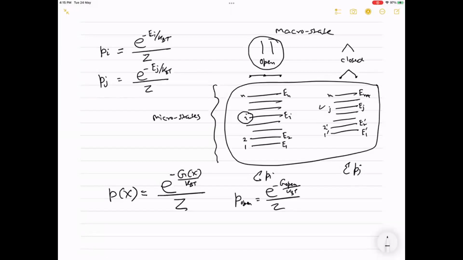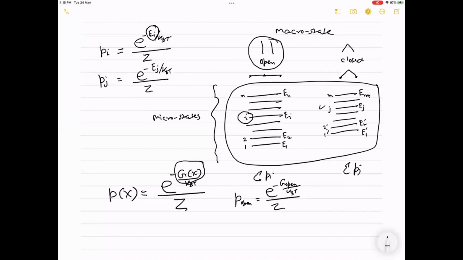So the important thing to remember is that if the question is about a microscopic state, you can use the Boltzmann law with the energy of that particular microscopic state. However, if the question is about the probability of a macroscopic state, then you have to replace this energy by the free energy of that macroscopic state.